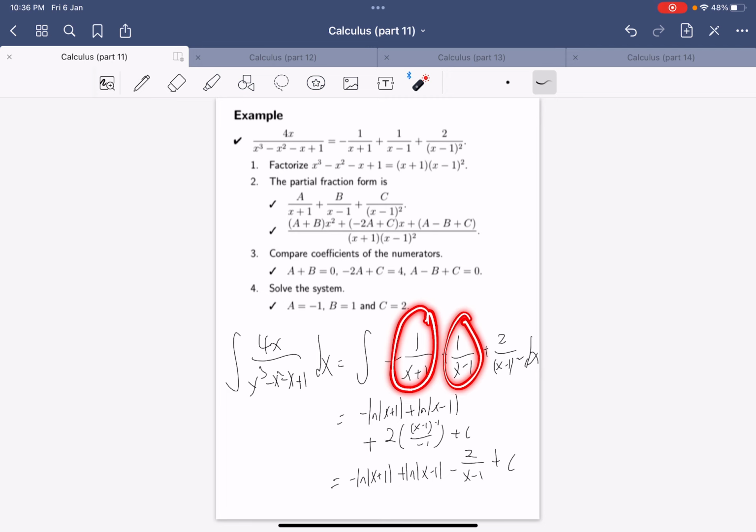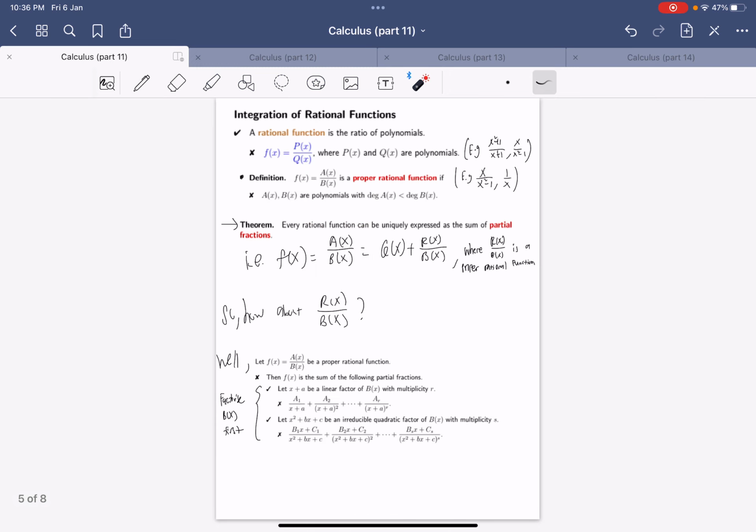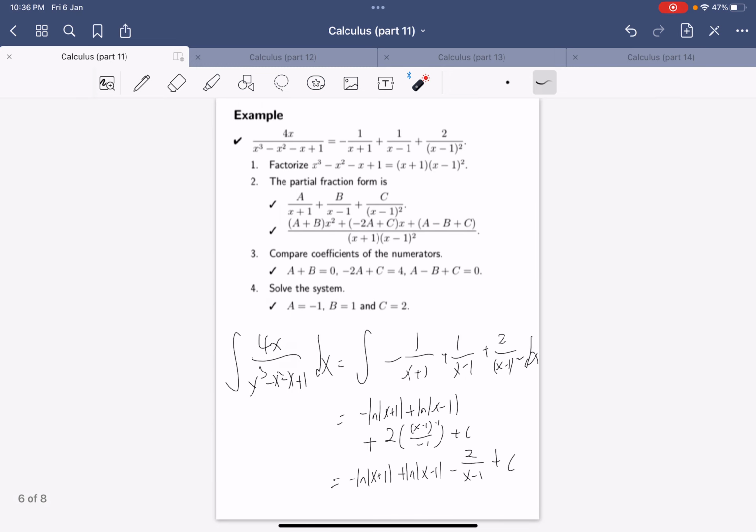Here also the ln function, and here is just a power function with minus 2, so it's just minus 1 divided by minus 1: bring the power up by 1 and divide by the new power. And you can see how this way of solving proper rational functions is much easier than explicitly solving from here.